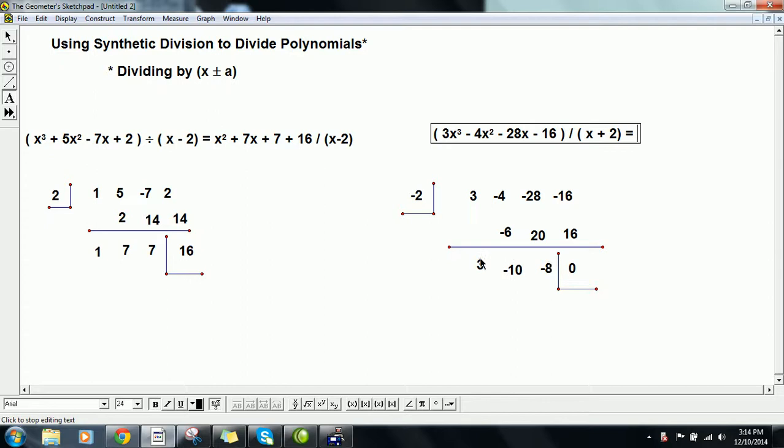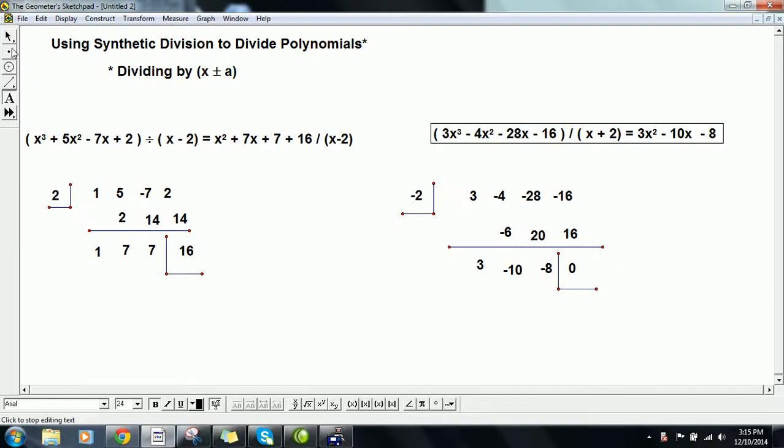So it's going to be 3x squared. Right, the 3 is the coefficient of my leading depressed quadratic coefficient, plus, actually not plus, minus 10, right? That's a coefficient of my next term, which is 10x, minus 8, which is my coefficient, or really my constant.